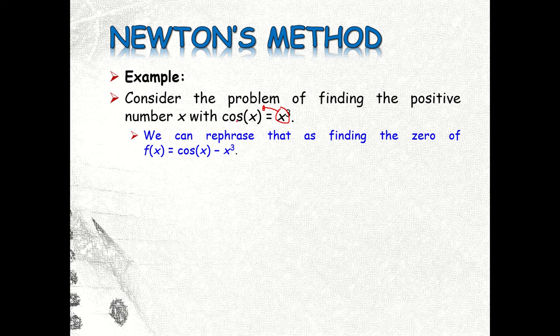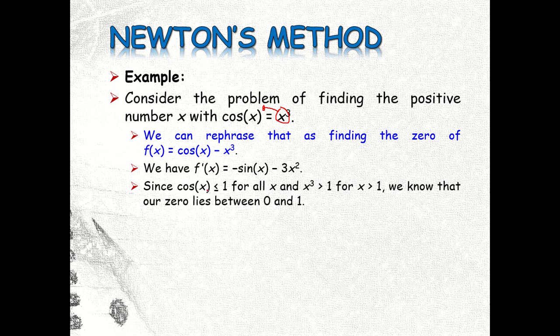Combining these two, our function f of x equals the difference of this. So this is our f of x. Using the derivative of cosine, which is the negative of sine, we got this result. So this is our f prime of x, the first derivative of the given function.